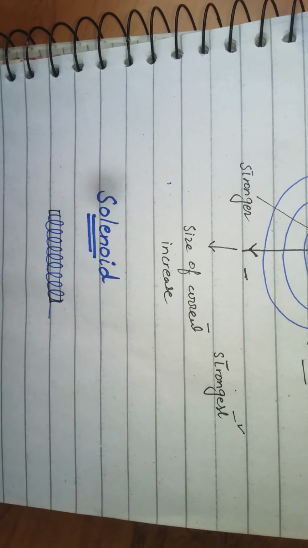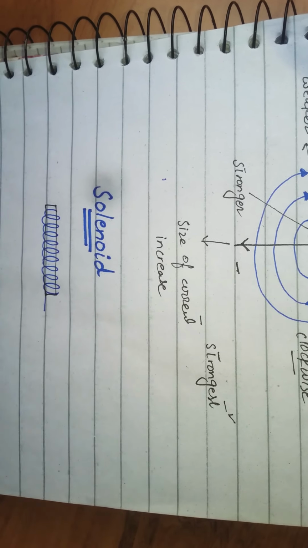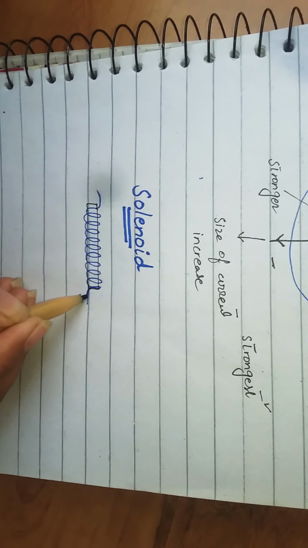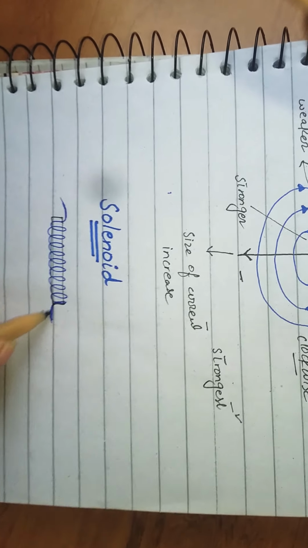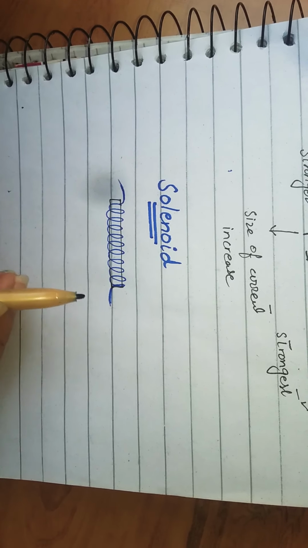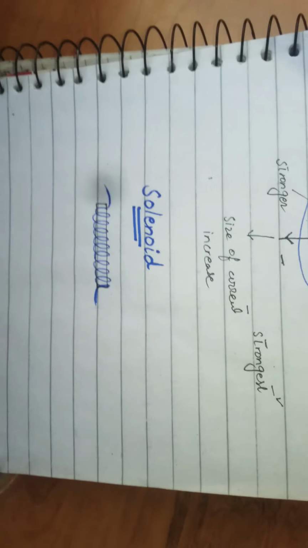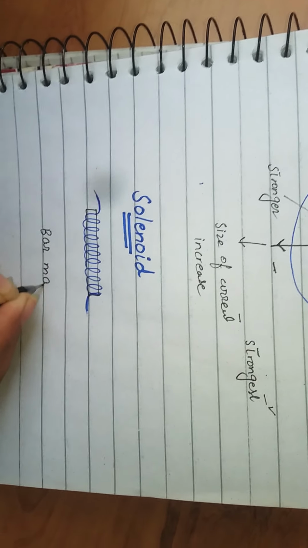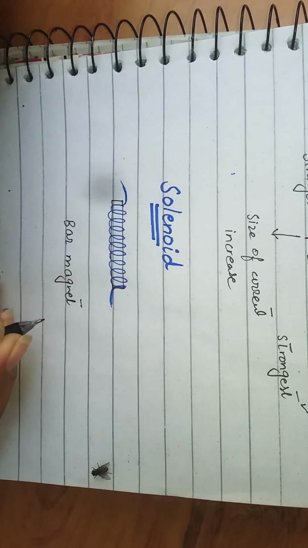When the current is flowing through that wire, then this solenoid will act as a bar magnet, the same as a bar magnet.